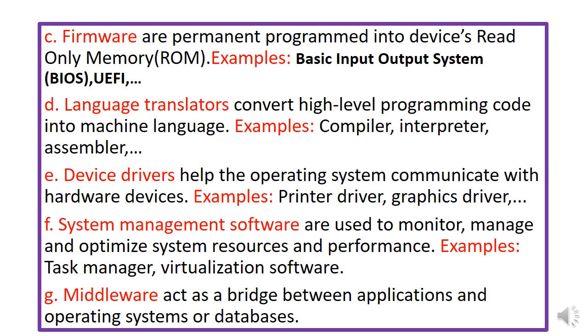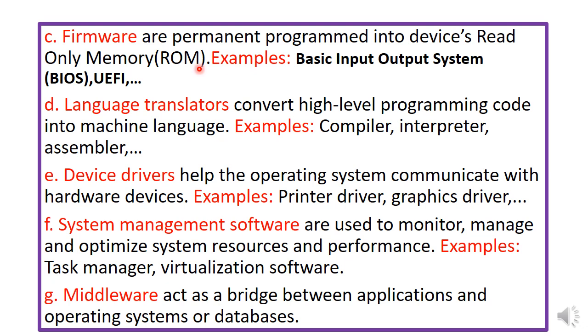For example, there is software known as BIOS, which in full means basic input-output system. This software is a good example of firmware, which is stored on the computer's read-only memory. These are programs stored on the device's read-only memory to perform routine tasks.